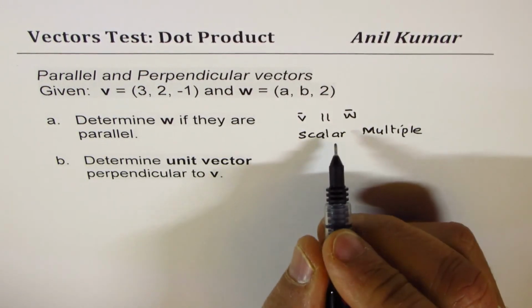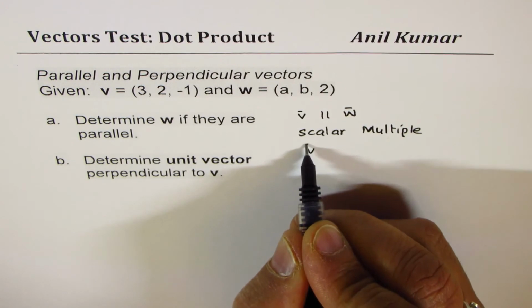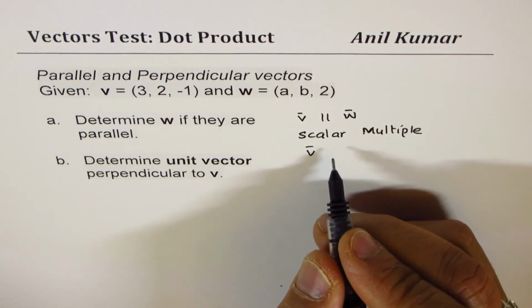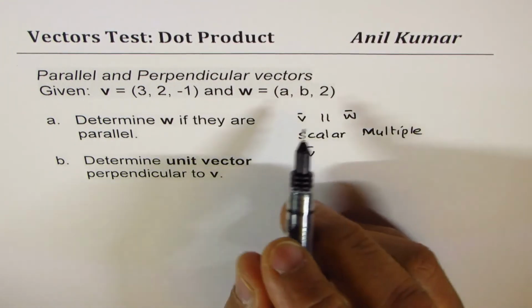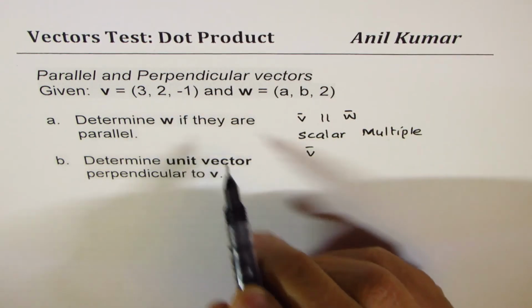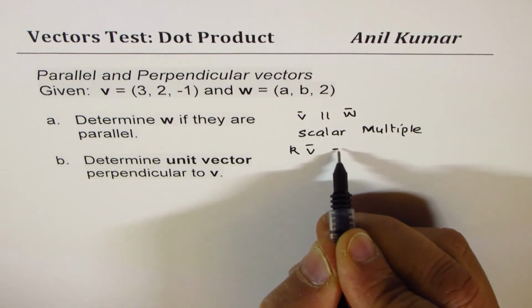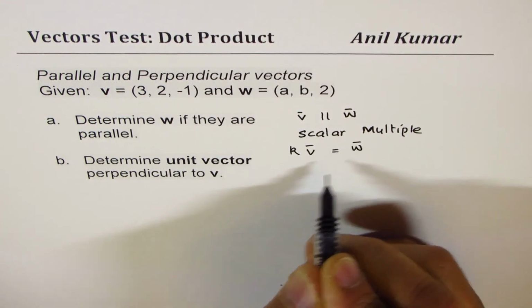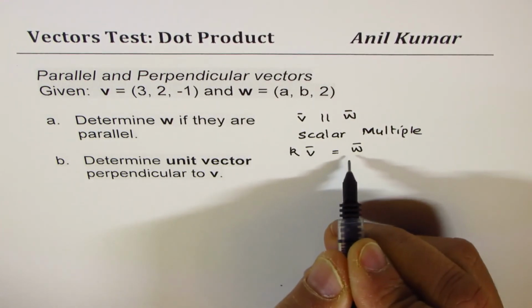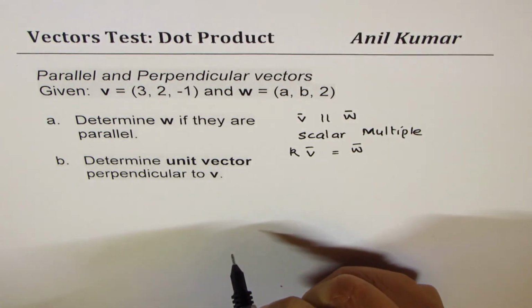So that really means that vector v times something, since this is 2, this is 1. So if we could say that k times v is equal to the vector w, then they are parallel, right? So they are scalar multiples.